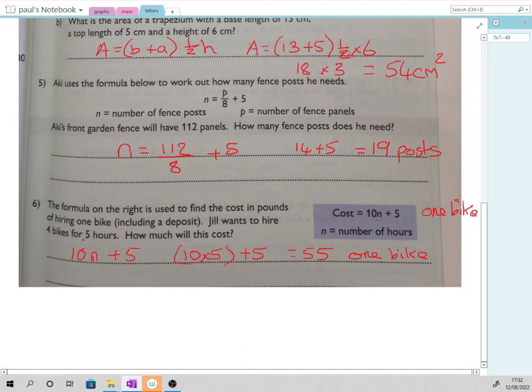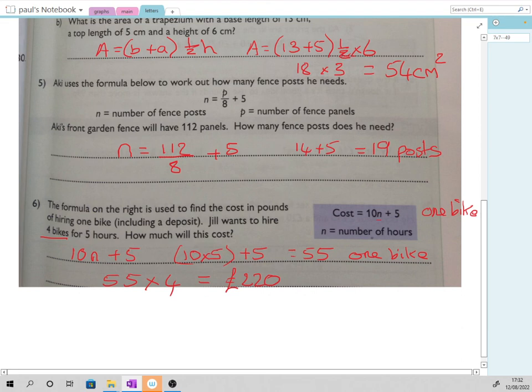Now we've got 4 bikes, so we just need to do 55 times 4. So 55 times 4 is equal to £220. Yeah. So that was a bit of thinking, because I would have thought that was the number of bikes plus a £5 deposit or something, but no, this is including a deposit.